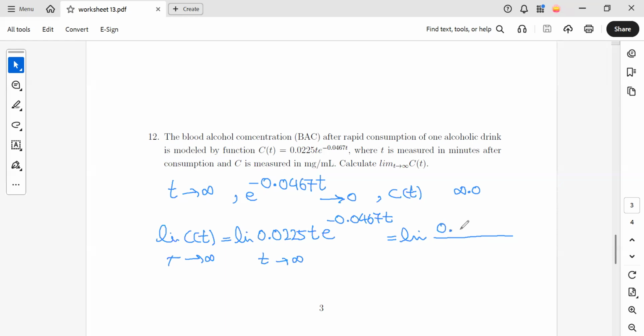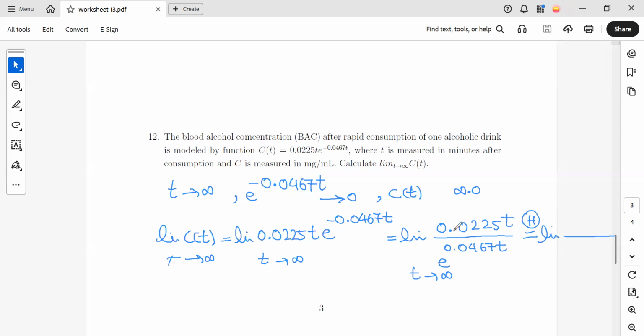So we would rewrite it as 0.0225 t over e to the positive 0.0467 t when t is approaching infinity. Now we can take the derivative and we would use L'Hopital's rule here.